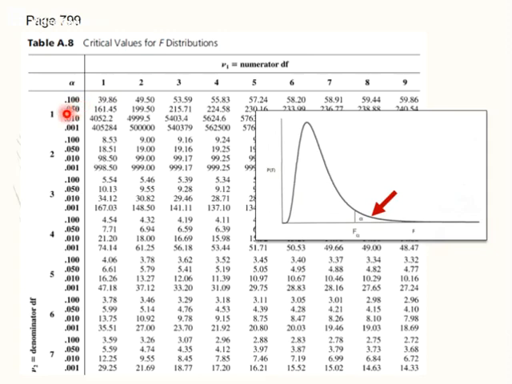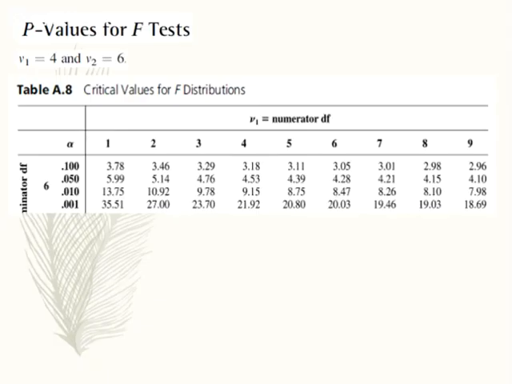So let's have a look at now if you want to calculate p-values given this table. So let's look at the numerator degrees of freedom equal to 4 and the denominator degrees of freedom equal to 6. So that means we're going to be focusing on these values, 4, and then this group of values next to the 6.